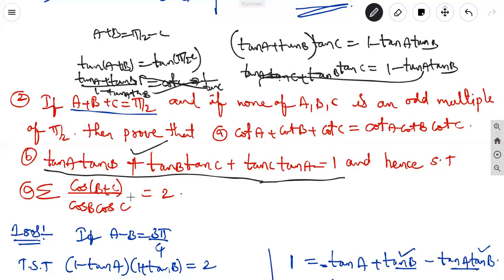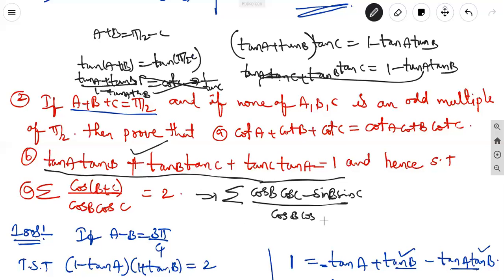The third one: cos of B plus C is expanded from this sigma. Cos of B plus C means cos B cos C minus sin B sin C, divided by cos B cos C. Separating the terms, cos B cos C gets cancelled. That is 1 minus sin B by cos B, which is tan B, into tan C. Expanding this, it is equal to the summation.